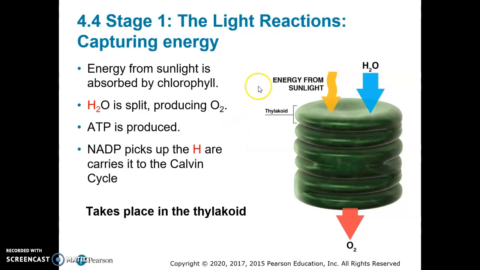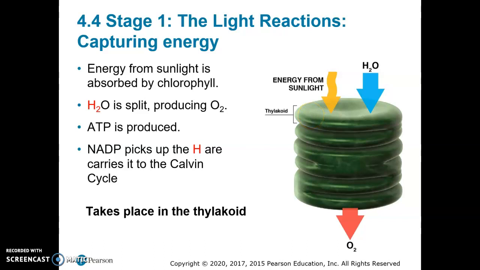So here are the things that are important in regards to the light reaction. One, here's where the energy is coming in, and it goes through the chloroplast membrane into the thylakoids. This is where the chlorophyll is actually located.